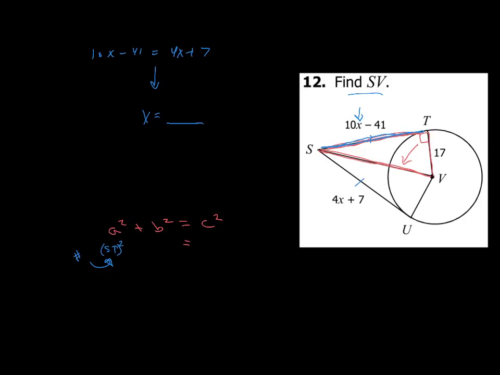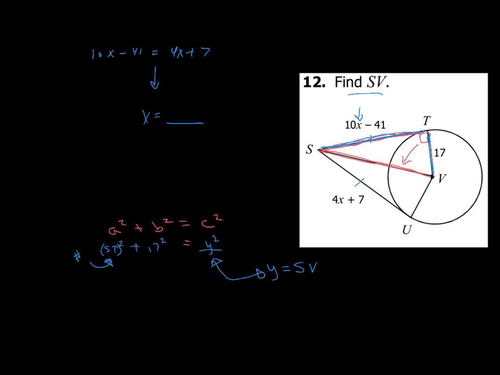You're going to have an actual hard number right there. Squared, added to the other leg squared, 17 squared, is equal to my length of SV squared. So let's call that y squared, and y is going to be equal to the length of SV. So once you find the value of y, you will have found the value of SV.